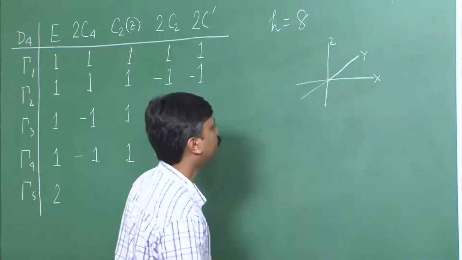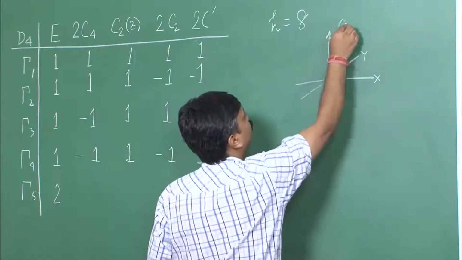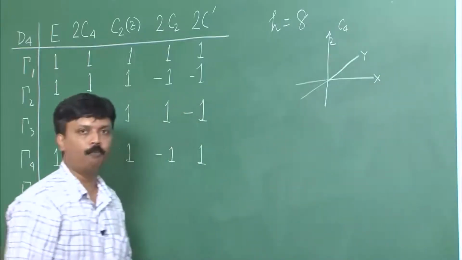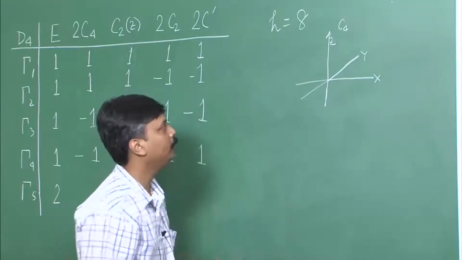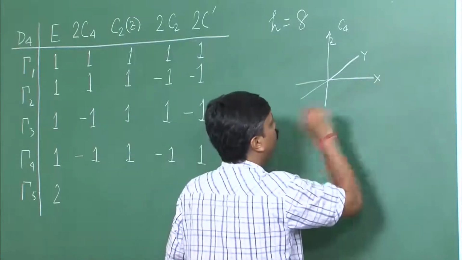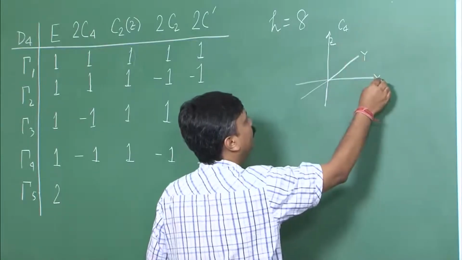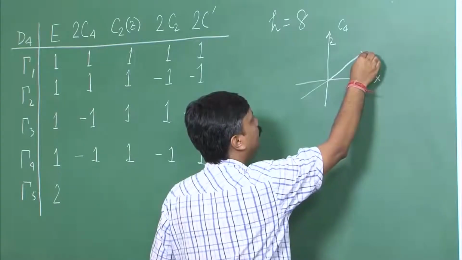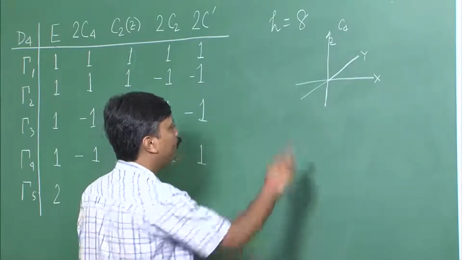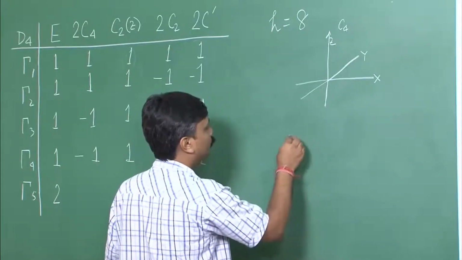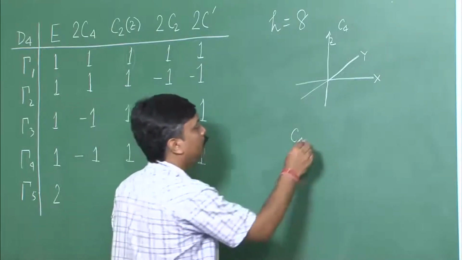So, my C4 is along this direction, and if I perform C4 on my x and y basis, here suppose I rotate, then x will go to the place of y and y will go to the place of minus x. So, if you form a matrix for this C4, you can do that very easily.